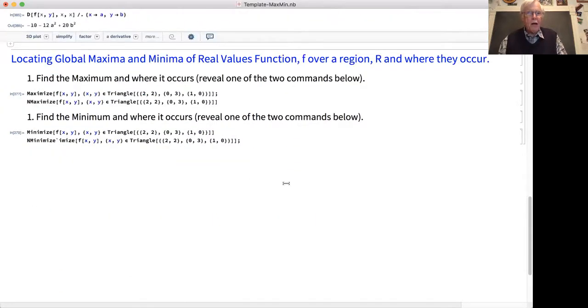Locating the global maxes and minimas, that's what we did on the homework for yesterday, or for Monday. Finding the global maxima and minima of these real valued functions over a region. So what this amounts to is doing part A, finding the global critical values that lie inside R, and then checking on each of the edges.